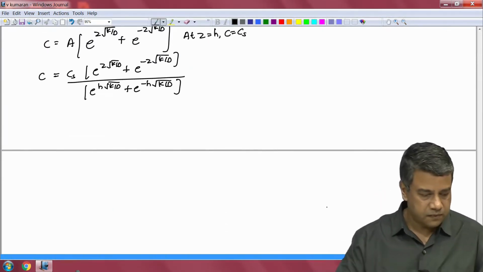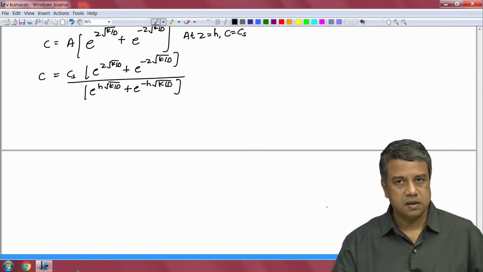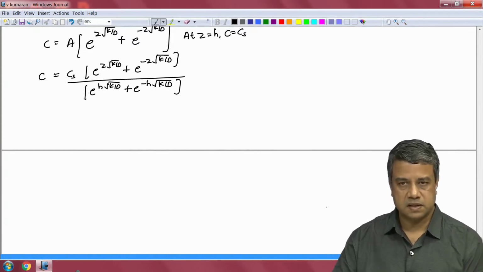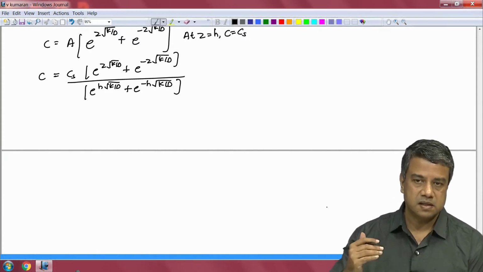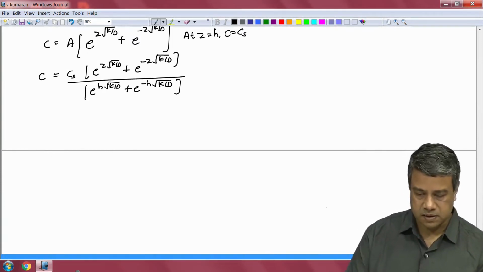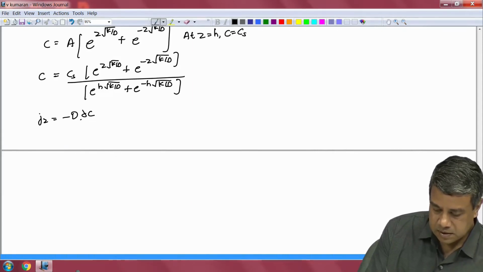Now, in order to find out, for example, the Sherwood number correlation for this particular case, I have to first find out what is the flux entering at z is equal to h. The flux is equal to minus D partial C by partial z.